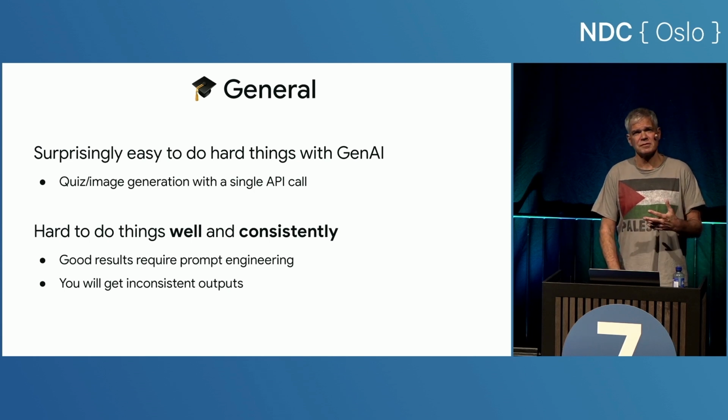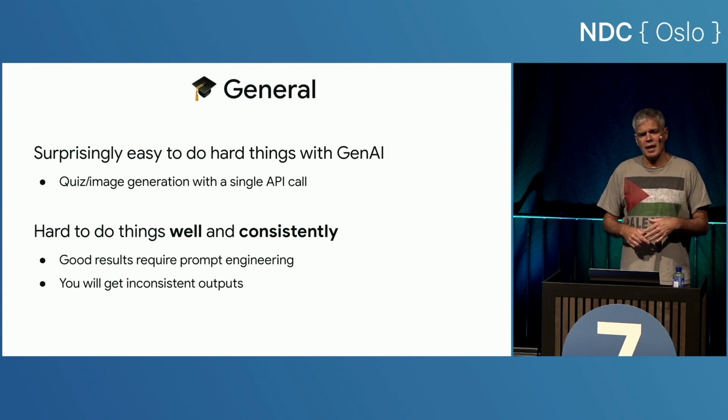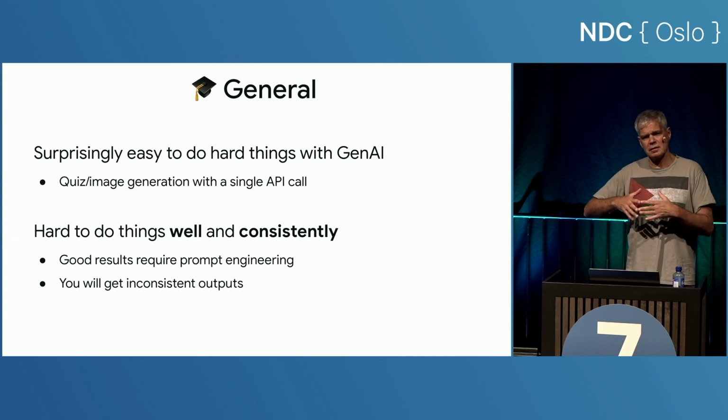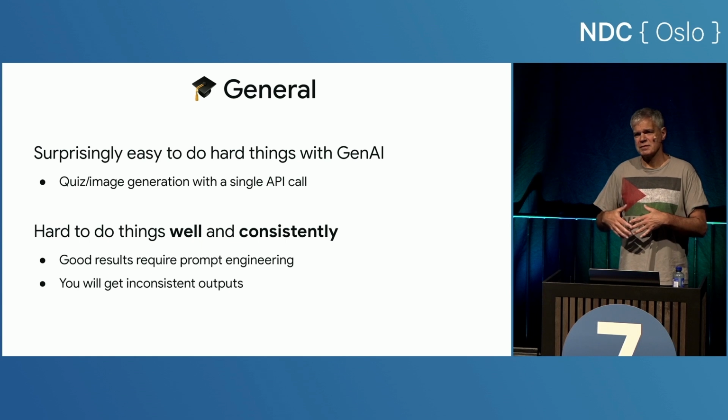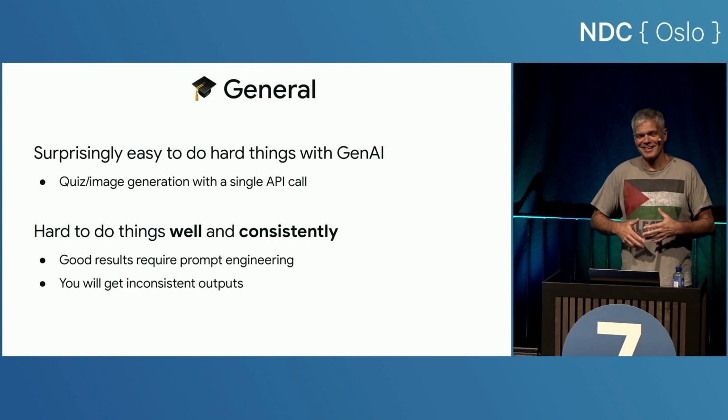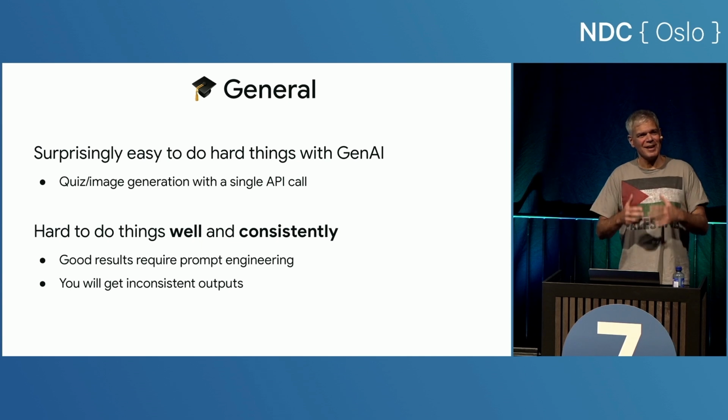A good example of this is early on I was asking for the quiz in JSON, and it was working great, and then a version of the model came out where it would prefix the JSON with, "Here's your JSON." Like, thank you, you just blew up my app. And then I realized it's not its fault.